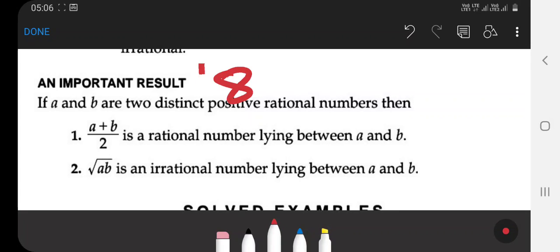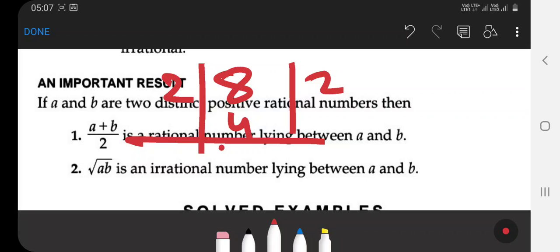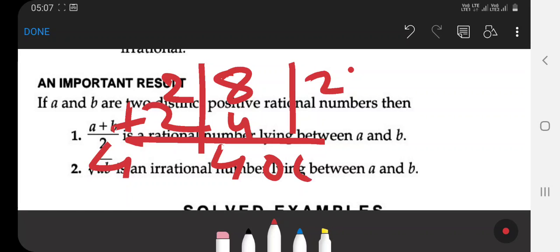8. 2 2s are 4, subtract 4, put the decimal, bring down the two zeros, put double zero.